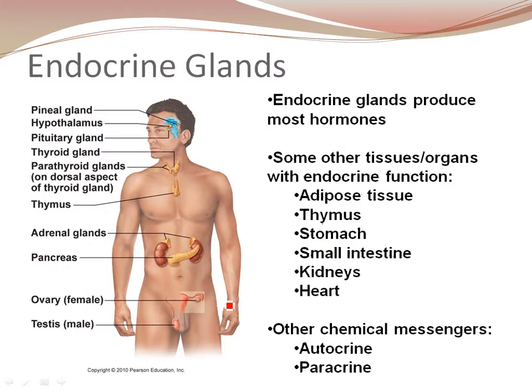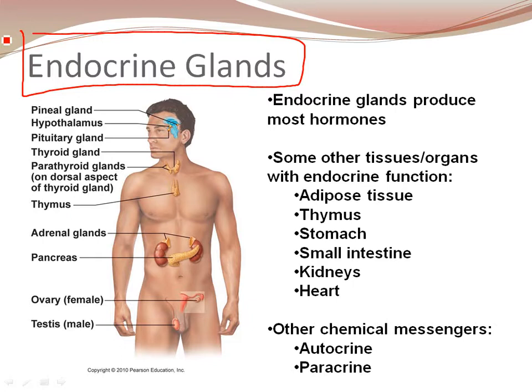Now, throughout this unit, you're going to be studying the various endocrine glands within the body that produce all of these hormones, and you're going to learn about the hormones that they all produce and what they do, what effects they have on the body, how do they exert their control. So the glands you will primarily be studying are the hypothalamus and the pituitary gland.